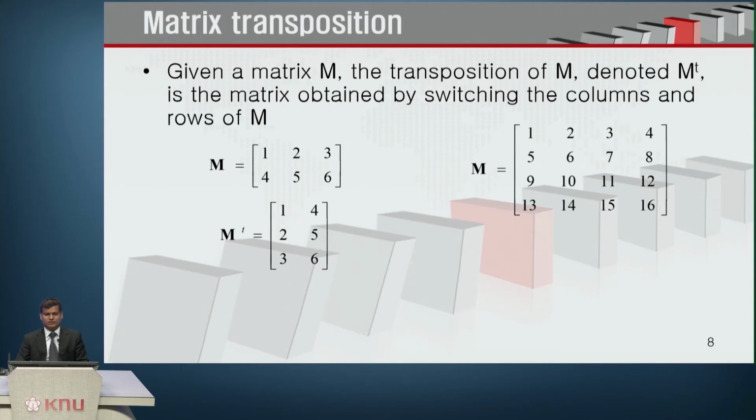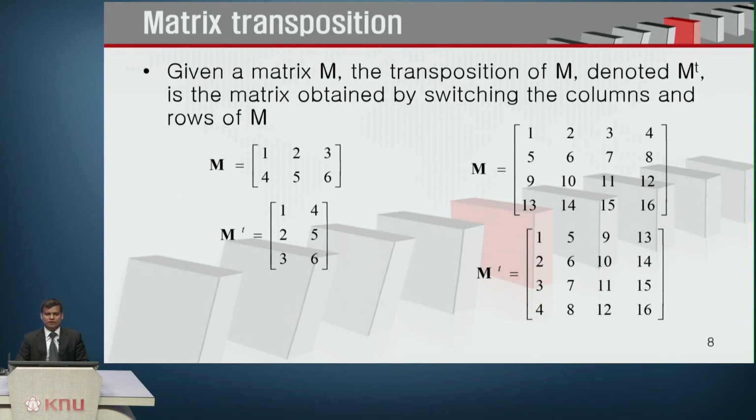Again, if you have this matrix of 1, 2, 3, up to 16, with these elements ordered in 4 rows and 4 columns, to take the transpose you just switch the columns and rows. In both matrices, what we did is switch the columns and rows.